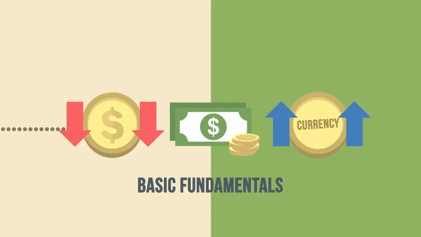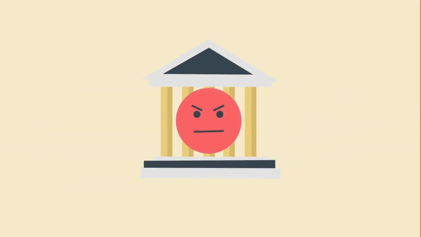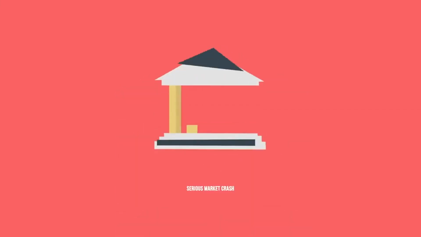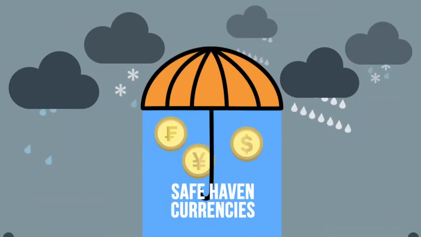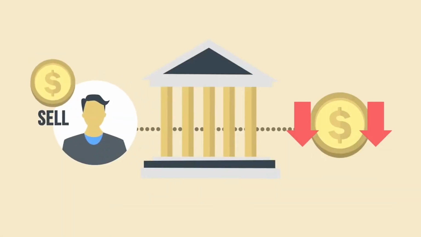If, however, there were a sudden unexpected event that caused the market to panic, things would change both quickly and drastically. For example, if a major conflict broke out between two large nations, or if there was a serious market crash, the markets may panic and flock to their traditional safe havens. In our hypothetical example, you may be selling US dollar as this starts to play out.